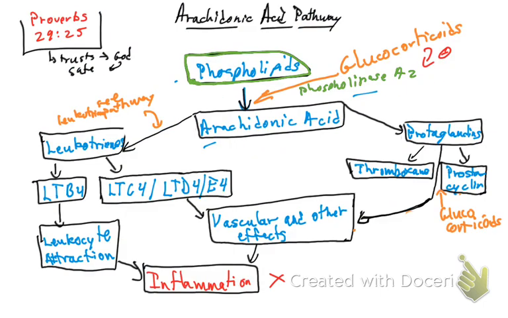We're going to open a new slide here. This is going to block here, and also block there, from leukotrienes C4, D4, and E4 to vascular and other effects.